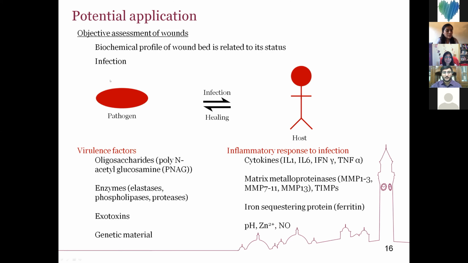So for example, in case of infection, the wound fluid contains lots of species, some of which are produced by the pathogen and the others are produced by the host inflammatory response. So as shown in this slide, pH is an important marker of infection. The other important markers are cytokines, which are proteins. So we have been adapting our grating to measure these proteins as well.